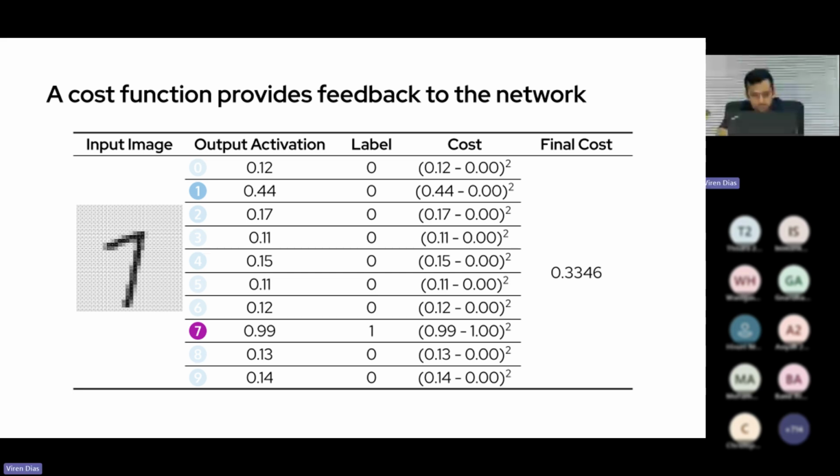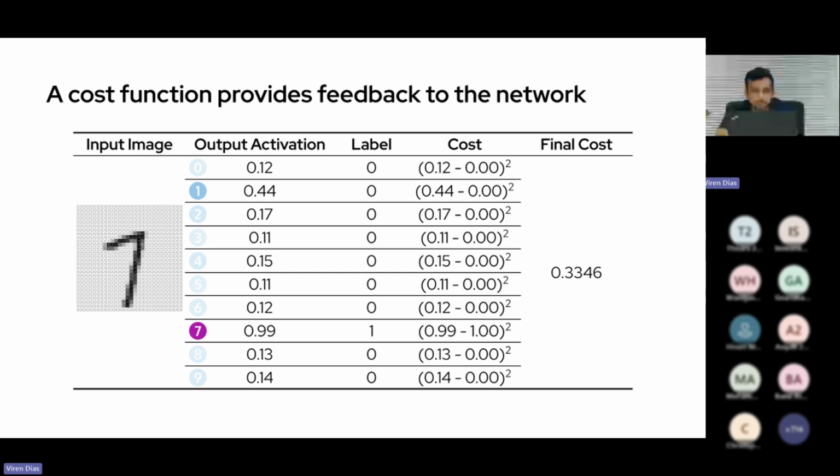So the cost function can be defined in many different ways, depending on how you want to motivate the neural network to learn. In our example, however, we are going to use the sum of squared errors. What I've drawn in this table here is an example of the cost function. You can see the input image on the left.